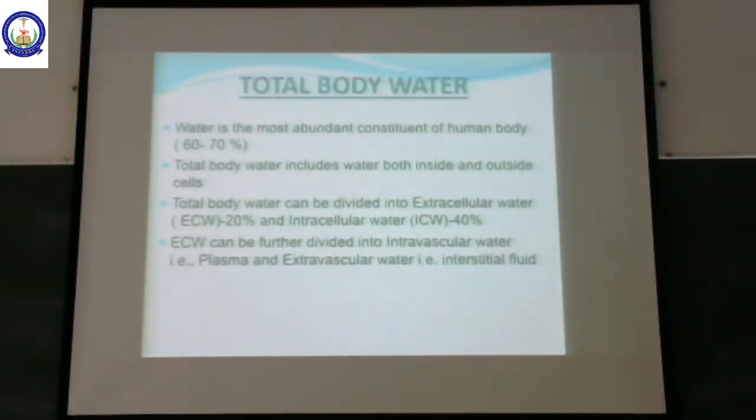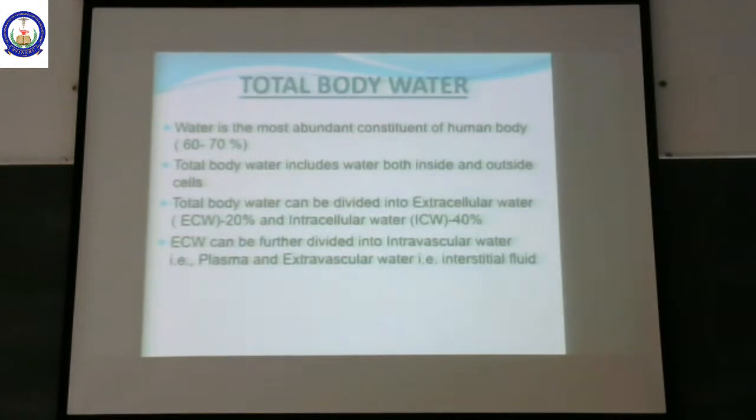So the extracellular water is again divided into what is called intravascular water and extravascular water. Intravascular water is that which is present within the blood vessels, that is mainly plasma.